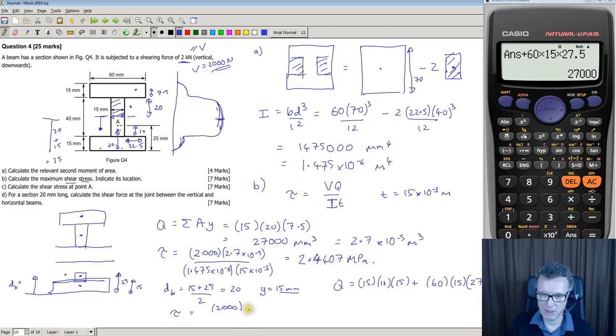The Q now is... What have I done wrong? Did I do this wrong?